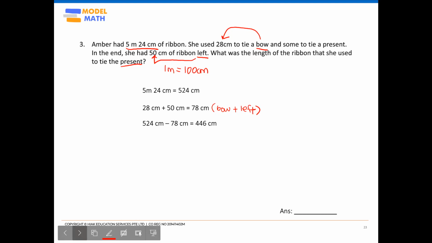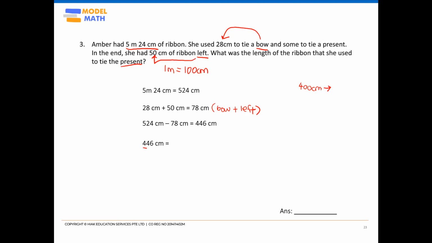So in this case, we realize that for the value expressed in centimeters, there is a value in the hundreds place. So from the hundreds place, we have 400 cm, correct? 400 cm.